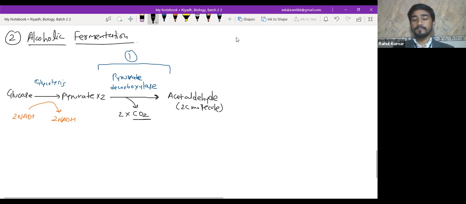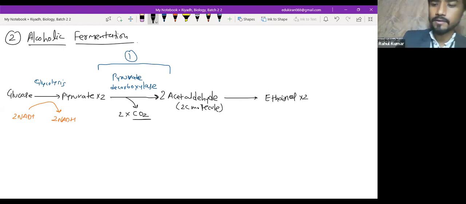Now, this acetaldehyde, which is now, again, it will be 2, right? So I'm writing 2 because there were 2 pyruvates. These 2 acetaldehydes will be converted into final product, which is ethanol. How many ethanol will be there? Ethanol, 2, correct? How many carbons are there in ethanol?